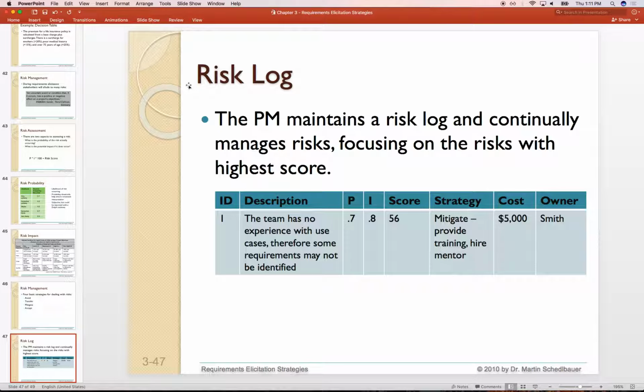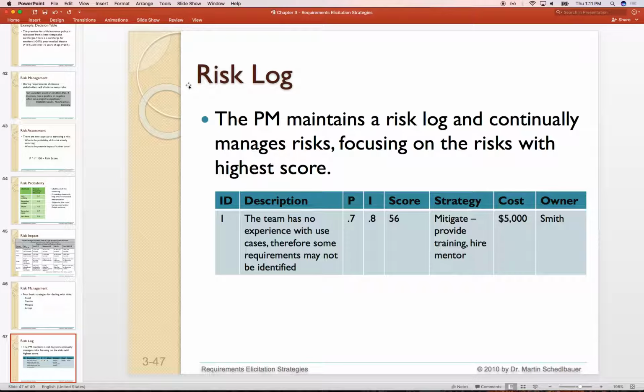So for every risk factor, we would keep track of those risk factors, documented in a set of tables or documents, and say what is the likelihood that it's going to happen, the impact, which is the score that goes along with it, and whether we're going to mitigate it. So for instance, if nobody knows how to do use case analysis, or nobody knows MySQL, or nobody knows Node.js, each one of these will have a score.